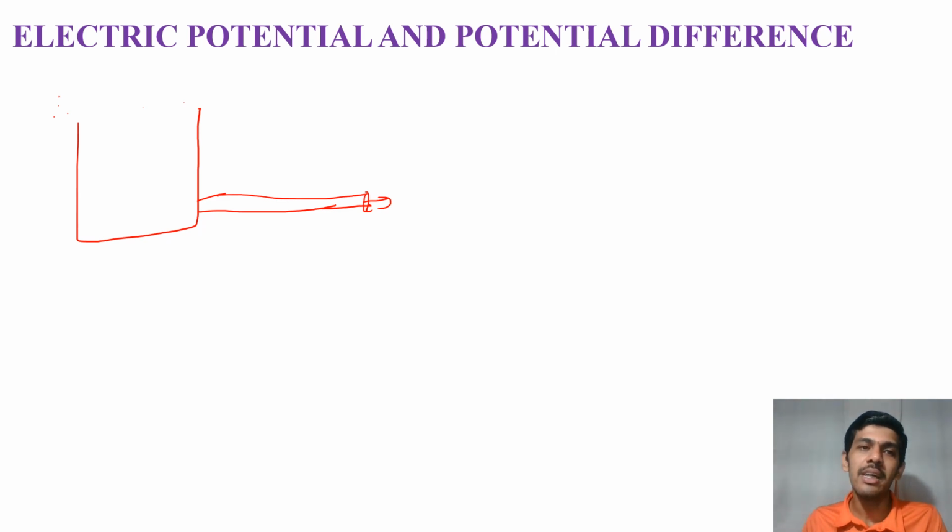Only when the level of water in this particular tank is sufficiently large compared to the end of the pipe. Let us assume that point A and point B are the two end points of the pipe. We can say that there is flow of water in a pipe only when the level of water at point A and at point B are not the same.